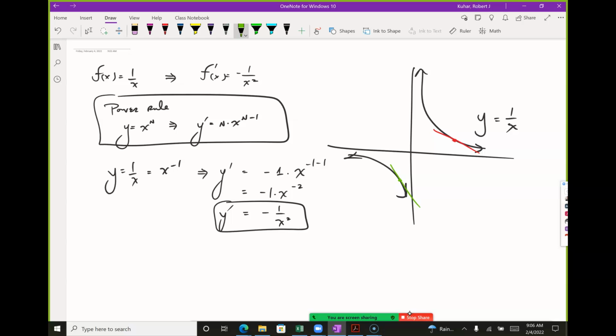What do you notice about the slopes of any tangent line I could draw? What kind of slope would they have? Positive or negative? Negative, exactly. The 1 over x squared is always a positive number, and that negative out front will always make it negative. So the slope is always negative.